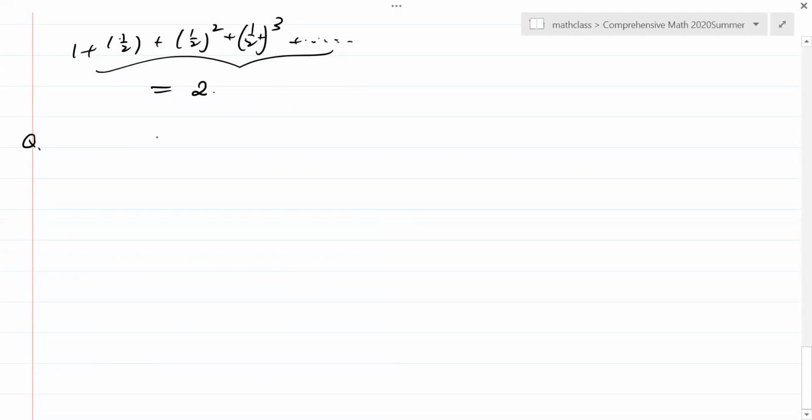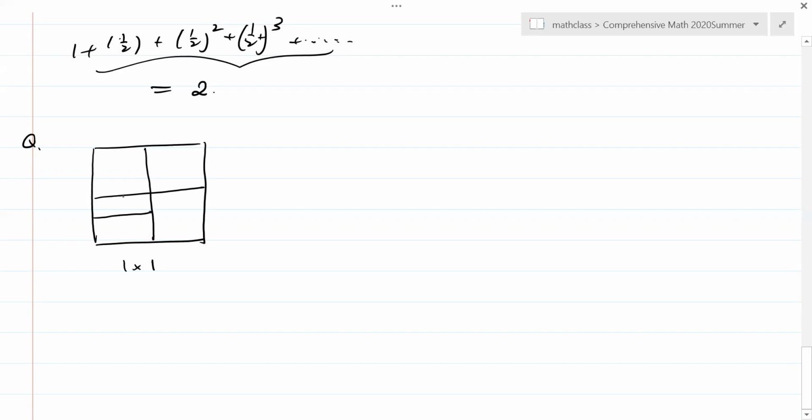Let's take a look at a simple problem. Okay, a square. This is a unit square, 1 by 1. And I divide it into 4 equal parts. Then I divide one of them into 4 equal parts again. Then I divide that into 4 equal parts again.